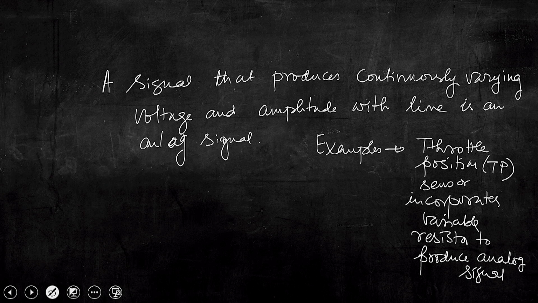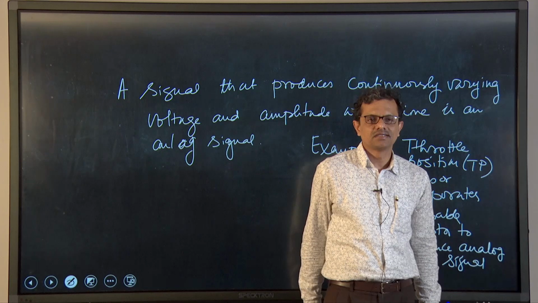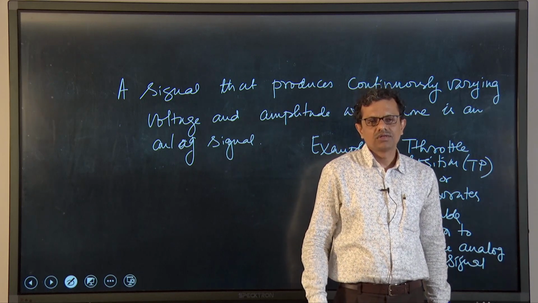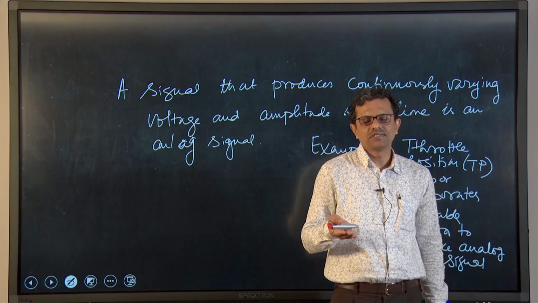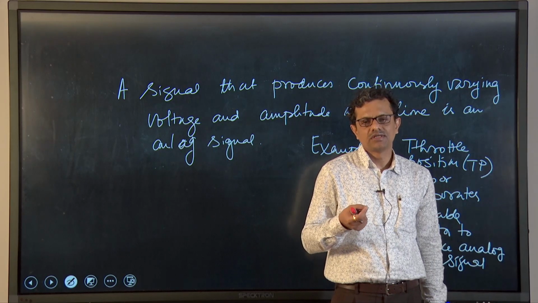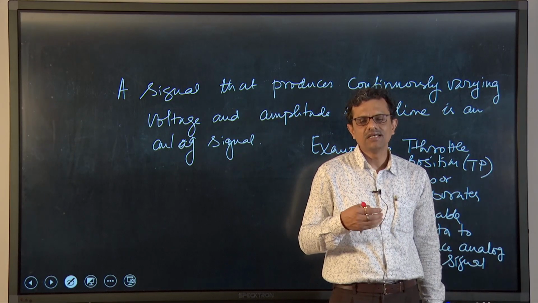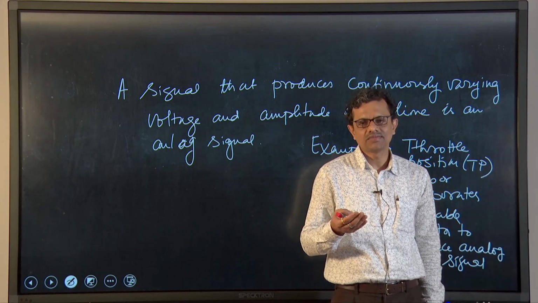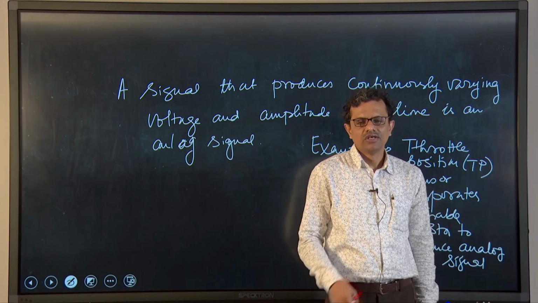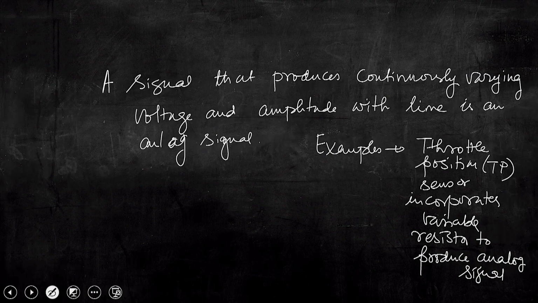Similarly, we can have temperature sensors, because the engine temperature may change with time. If the sensor receives temperature, a physical quantity, as input, the sensor output voltage will change continuously. So, that will produce an analog signal. That is what an analog signal is.